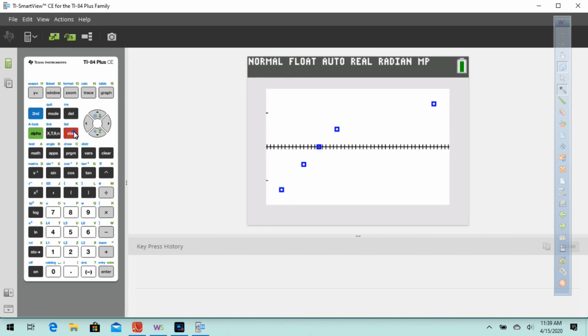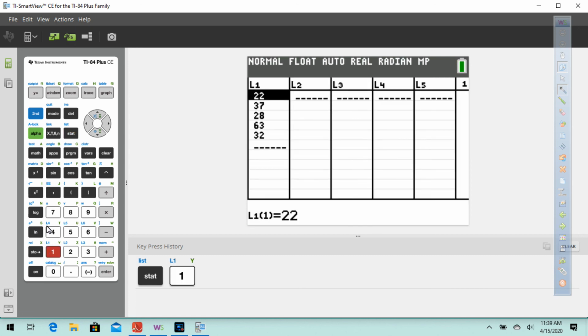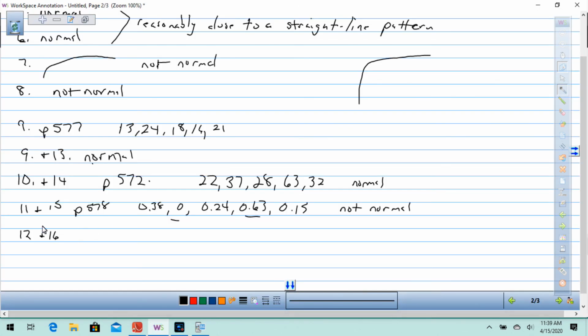Okay, so we're going to go to Stat, and then 1, and we're going to edit those. So first, that came from data set 26, and that's on page 576.